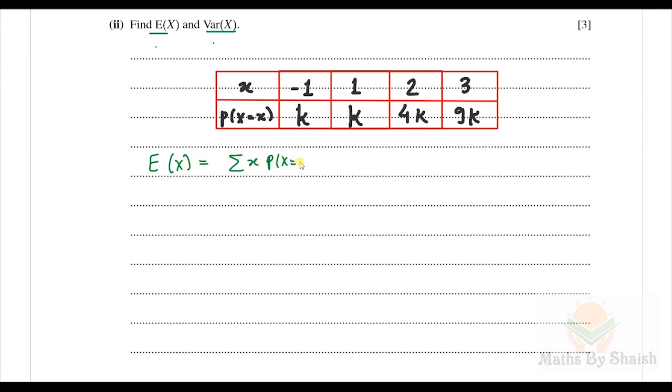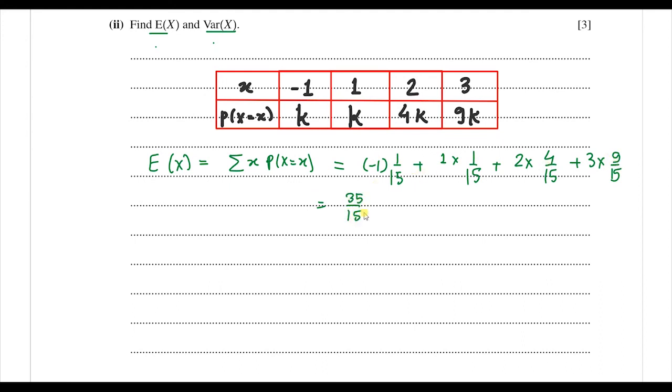So it means minus 1 into k, that is 1 over 15, plus 1 into k, that is 1 over 15, plus 2 into 4k, that is 4 upon 15, plus 3 into 9k, that is 9 upon 15. So minus 1 plus 1 cancel, and 4 2s are 8, plus 3 9s are 27, and plus 8 is 35. So it is 35 by 15, or by dividing by 5 it is 7 by 3.